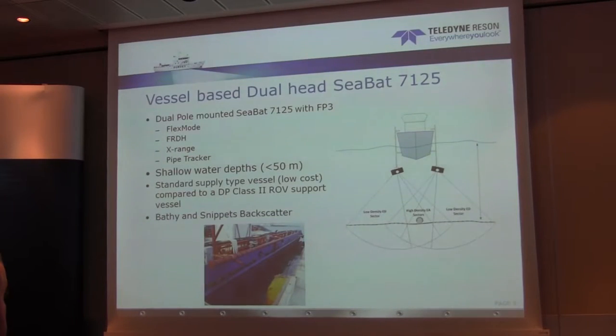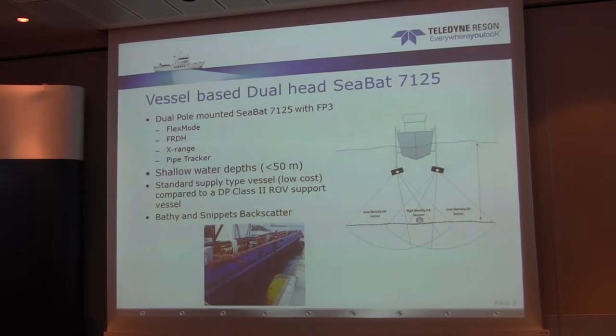So they were looking at another method, and this is then the alternative. So we have a vessel with two pole mounts and a 7125 at 15 degrees, imaging the pipe from both sides. And those outfitted with flex mode, full rate dual-head, X-range, and then the pipe tracker.